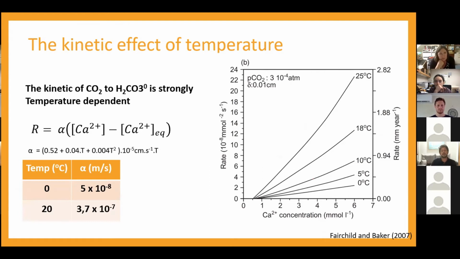And finally, we have the kinetic effect of temperature. In theory, as temperature increases, we also have increases in calcite deposition rate. This is basically because the solubility of CO2 is fully dependent on temperature.